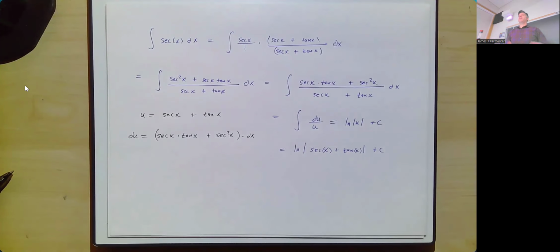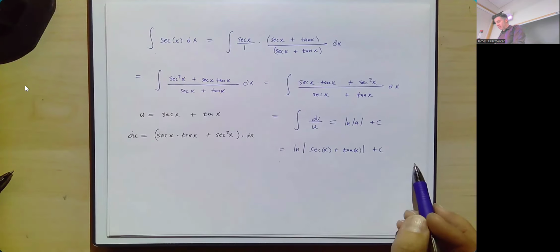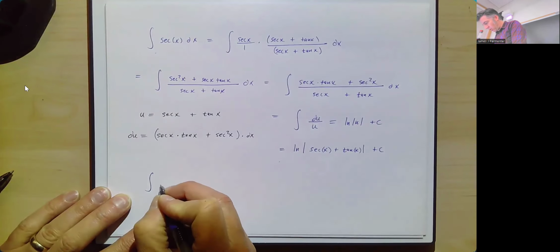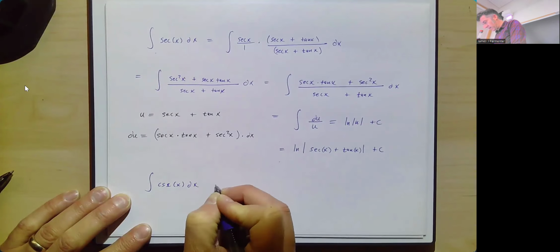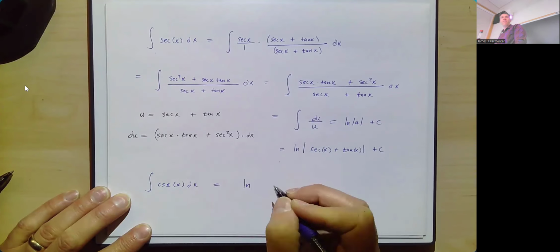Now, kind of like how there's a nice pattern with trig derivatives, there's a nice pattern with trig antiderivatives. I said before, the derivative of secant is secant times tangent, and if you take the derivative of cosecant, you get cosecant times cotangent with a negative sign in front. You can almost make the same sort of thing here. The antiderivative of secant is the natural log of secant plus tangent. The antiderivative of cosecant of x, you might guess would be the natural log of what?